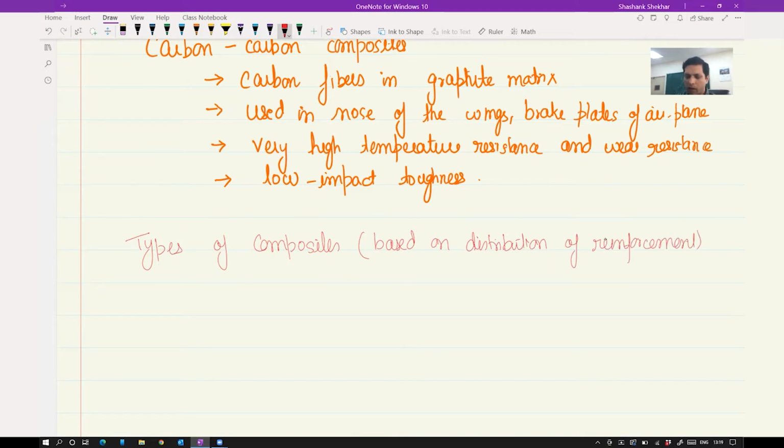For example, if you have very small reinforcements, then they would be discontinuous. Or if they are very long, then they will be continuous throughout the matrix from one end to another end. So this is another classification of composites.